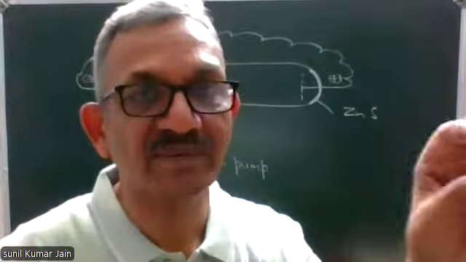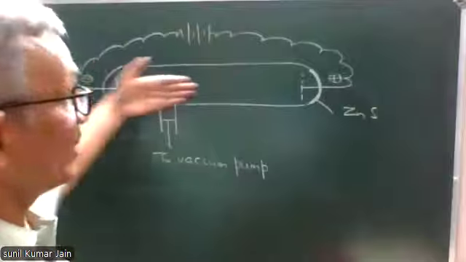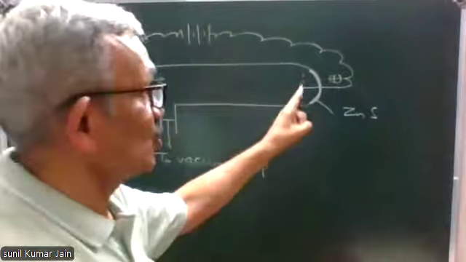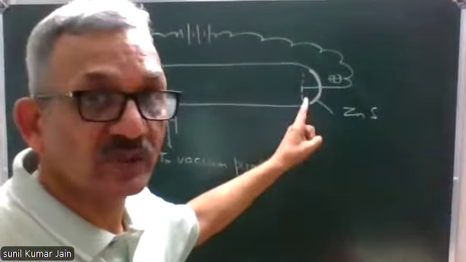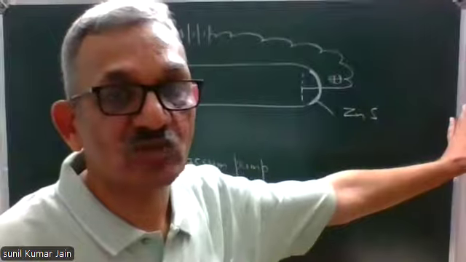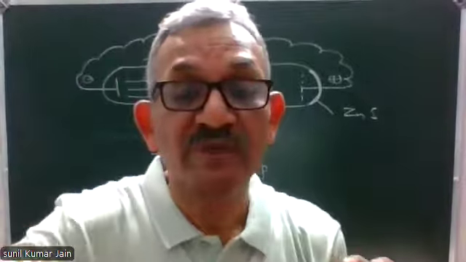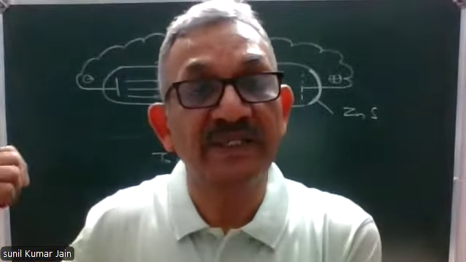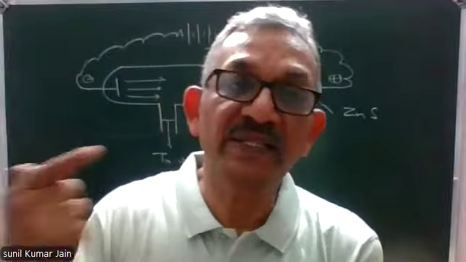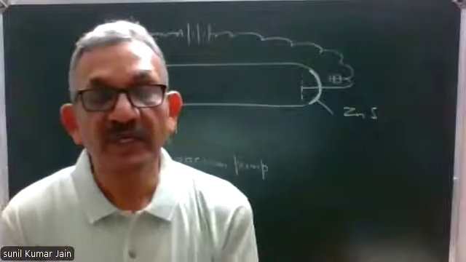It glows when some particles fall on it. So when cathode rays are produced, they pass through holes of anode and they strike zinc sulfide coating. And when they strike it, a glow is produced, which proves that they are produced at cathode and they travel towards anode. So write down first property.